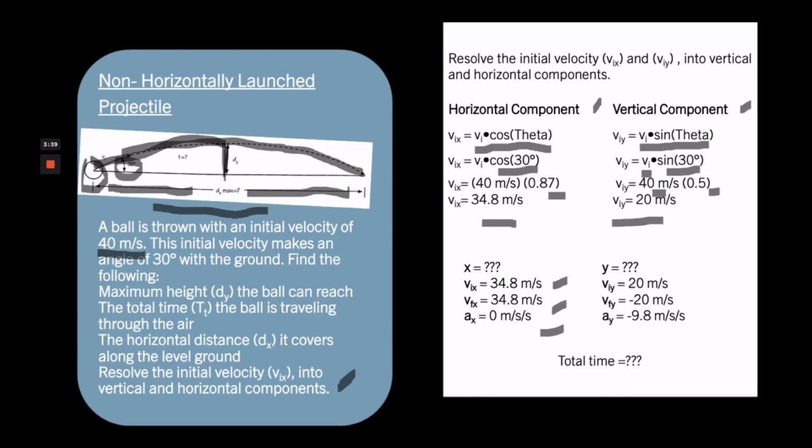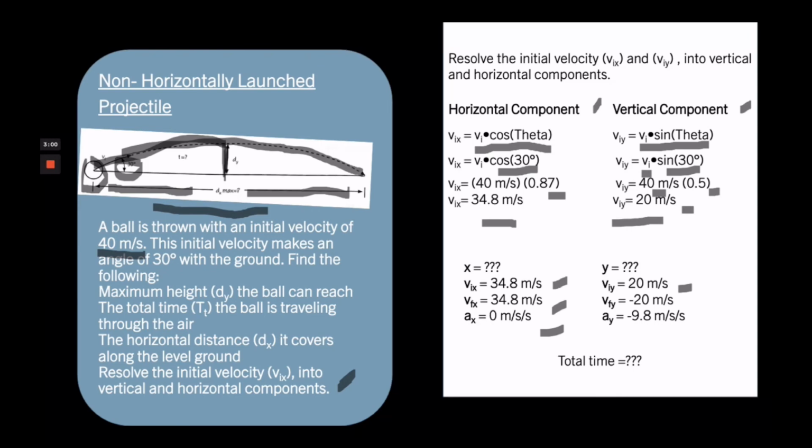Now, let's proceed to the vertical component or the y component. Now, our initial velocity, what we came up to earlier, that's 20 meters per second. And for our, of course, final velocity, that would be negative 20 meters per second.